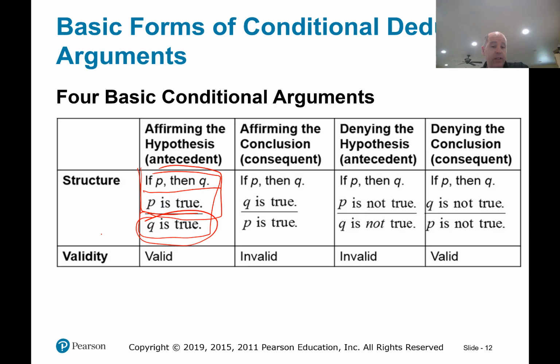If I say, if my son gets 100% on a spelling test, I will take him out for ice cream, that does not necessarily mean that if I take him out for ice cream, he necessarily got 100% on his spelling test, because he could get a 95 and I could still choose to take him out for ice cream or not.